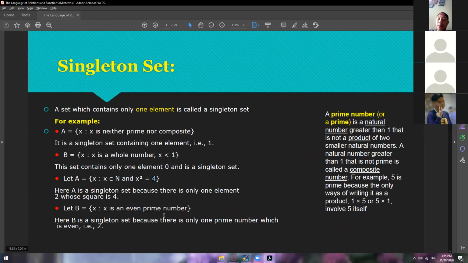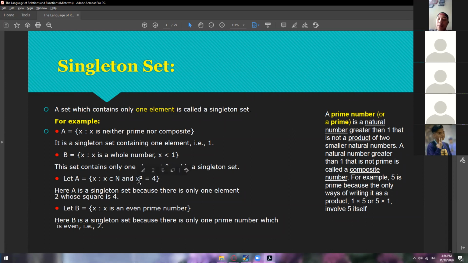Alright. So, ano yung x natin dito na dapat natural number din siya na ang result niya is 4. Pag sinubstitute mo dito, x squared is equal to 4. Sir, 2. Okay? Kung papansin ninyo, our only number that is equal to 4 is 2.